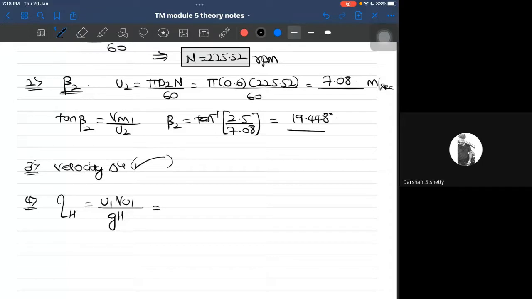So it is 14.17 into 14.17 divided by 9.81 into 22. So what is the hydraulic efficiency, guys? 0.93. Very good. So hydraulic efficiency is 93%.